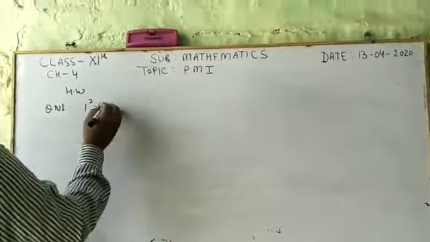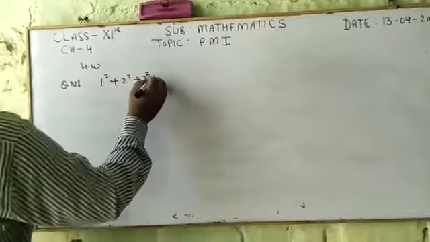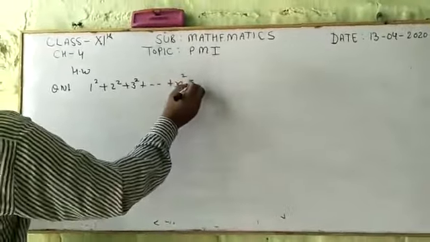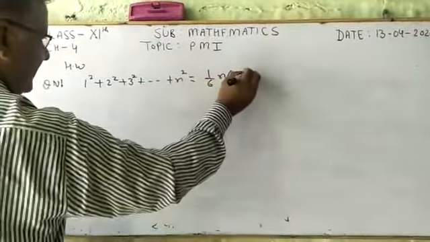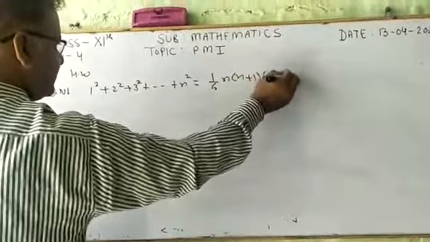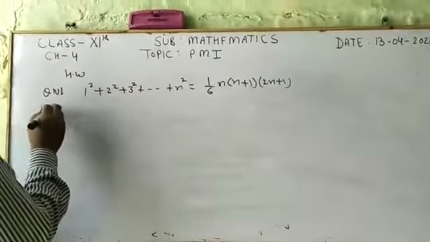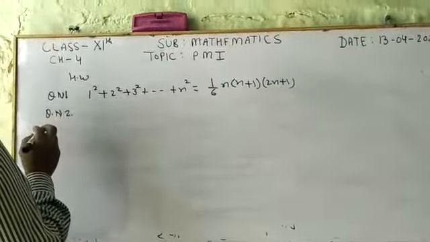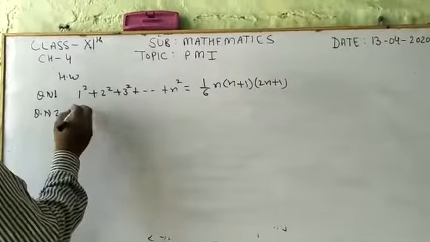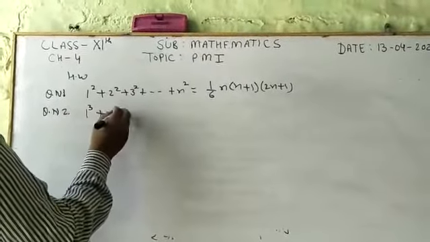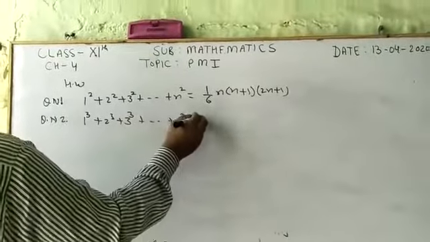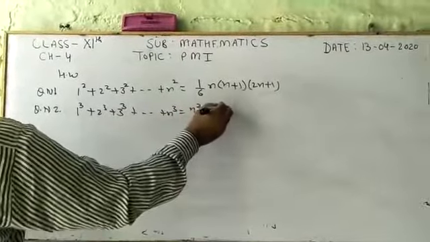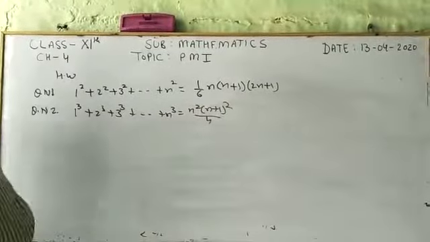Question 1: 1 square plus 2 square plus 3 square up to n square equals 1 upon 6 into n into n plus 1 into 2n plus 1. Question number 2: 1 cube plus 2 cube plus 3 cube up to n cube equals n square into n plus 1 whole square upon 4.